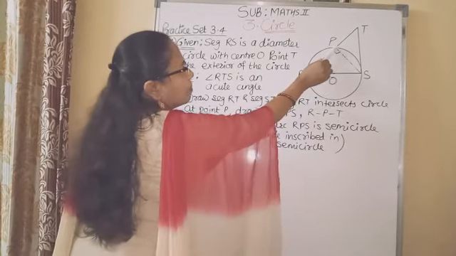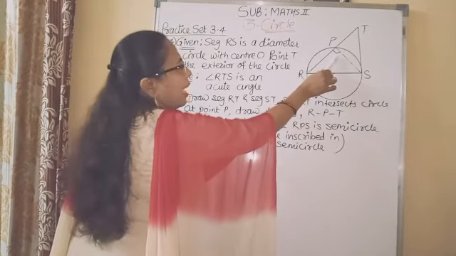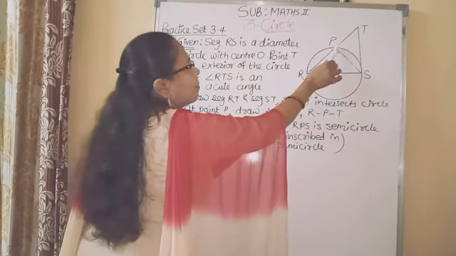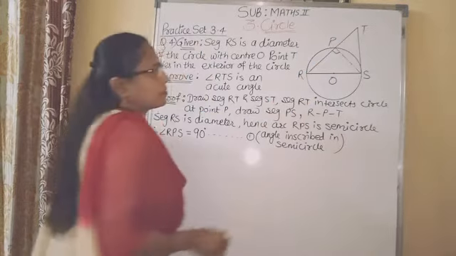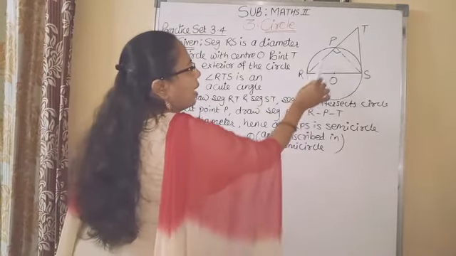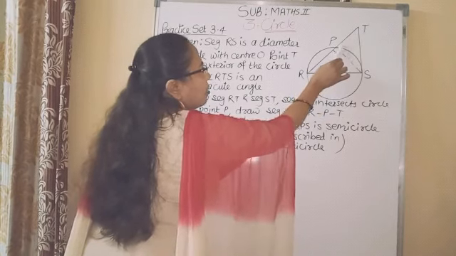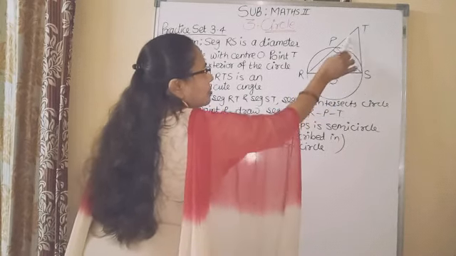Angle RPS is an exterior angle of triangle PTS. See, angle RPS, this angle, is the exterior angle of triangle PTS.